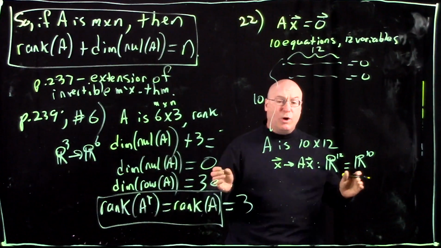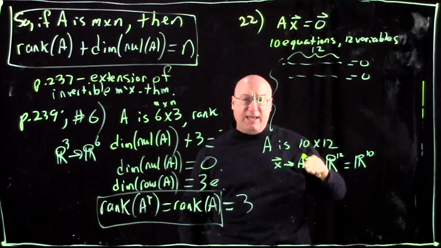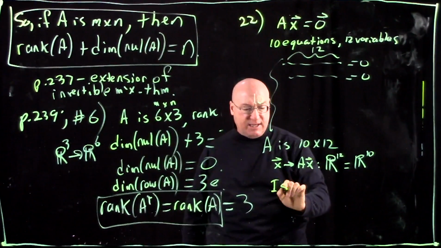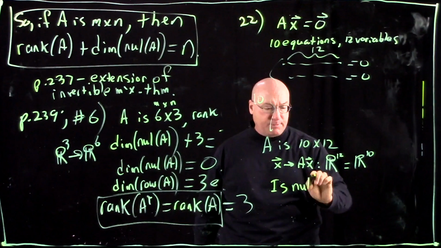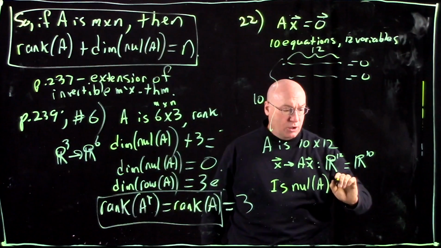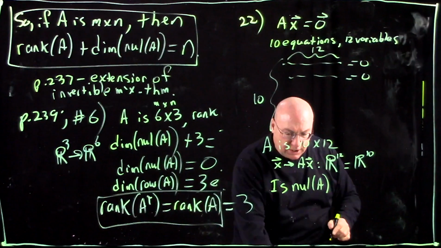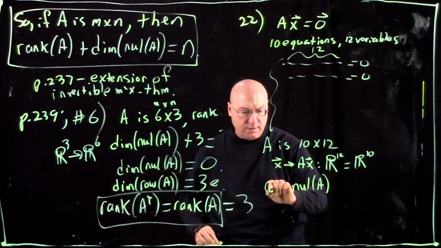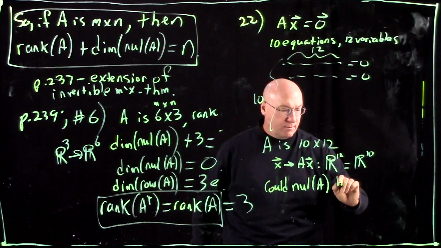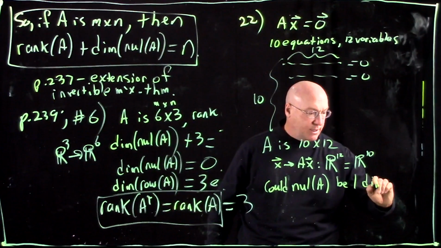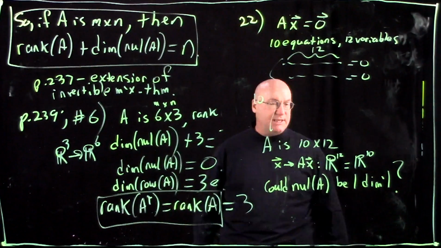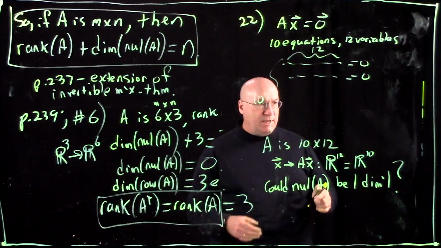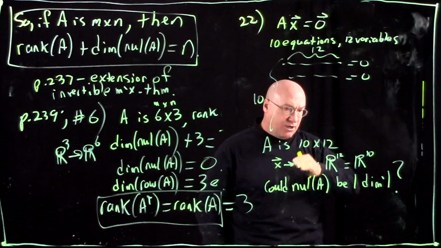In other words, what does the null space look like? Is it multiples of one solution? That's asking: could the null space of A be one-dimensional? All solutions being multiples of one fixed solution means there's one vector that spans it all.